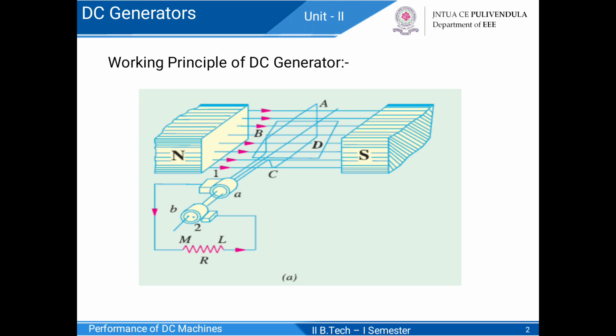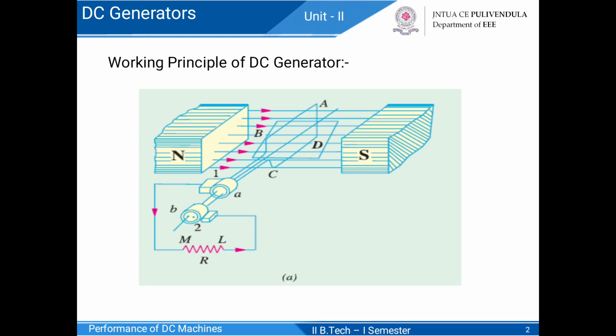The two ends of the coil are connected to two slip rings which are mounted on the same shaft. Clear? So the ABCD coil is connected to two slip rings, A and B, that are mounted on the same shaft of the coil.